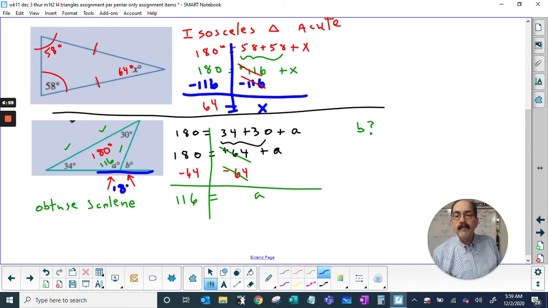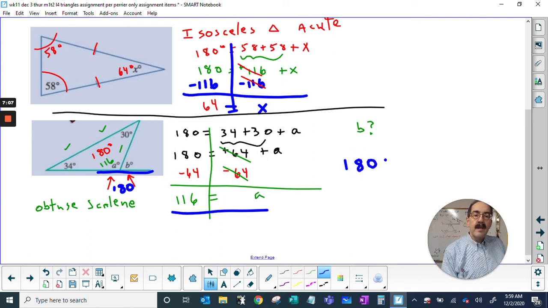If we know A is 116, 180 is equal to A plus B. 180 is equal to 116 plus B. Remember, substitute, replace, solve.